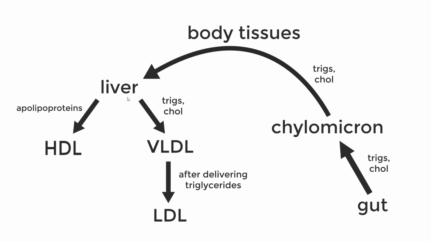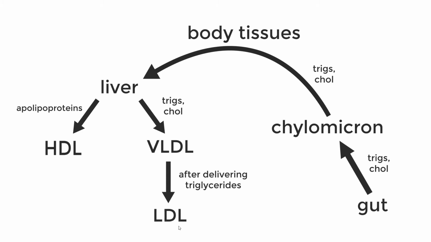The liver repackages some of the triglycerides and cholesterol as VLDL, which is mostly triglycerides but still contains some cholesterol. VLDL goes around to body tissues and delivers triglycerides, and over time the cholesterol becomes more and more concentrated, and what you're left with is LDL, which is mostly cholesterol.